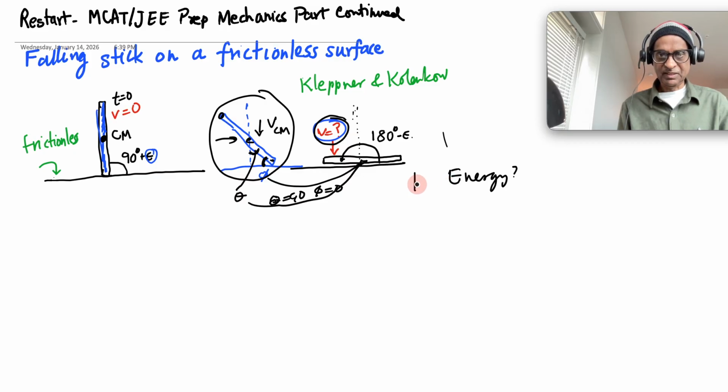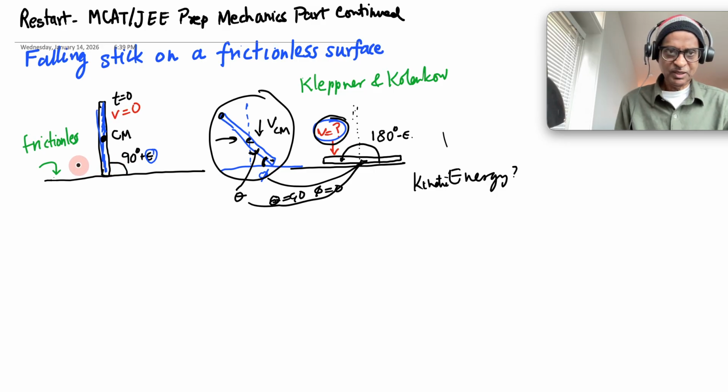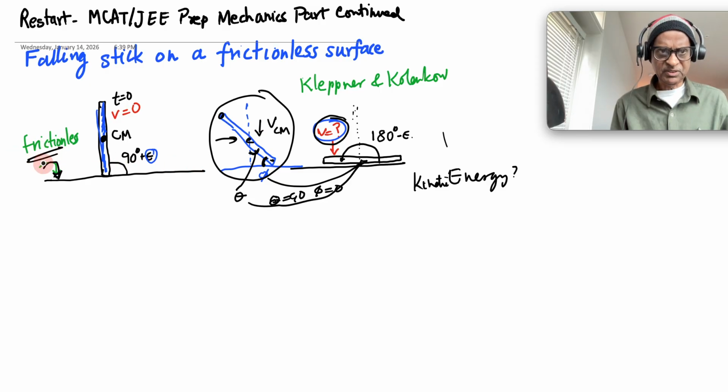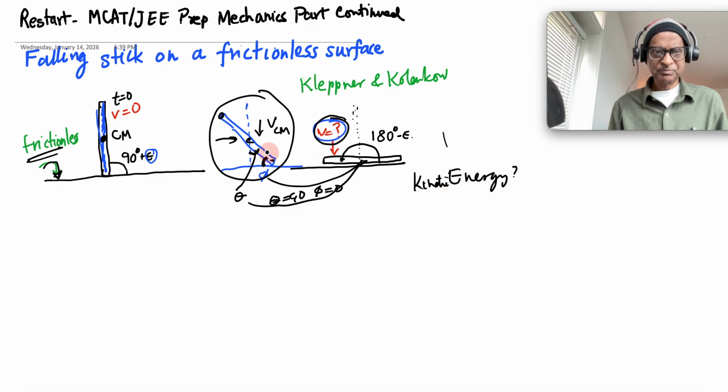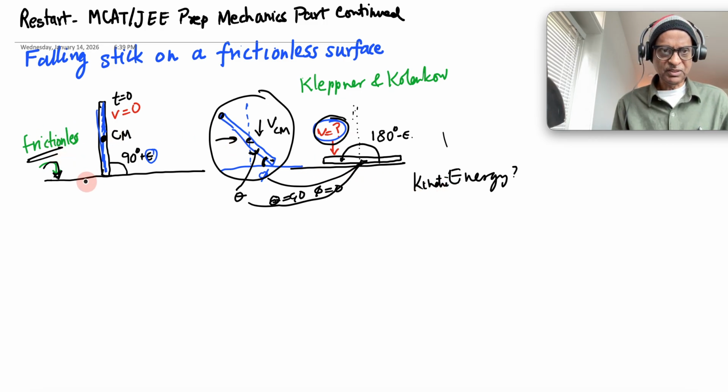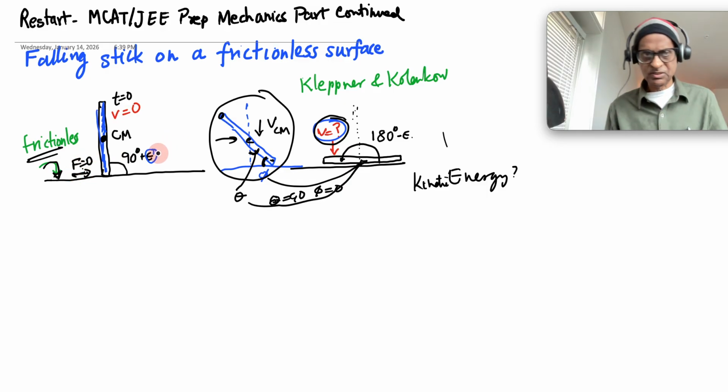To use energy conservation, we need to look at whether energy is going to get lost or not. Because it's a frictionless surface, energy will be conserved, right? Another thing about a frictionless surface is there is no horizontal force. The horizontal force is 0.